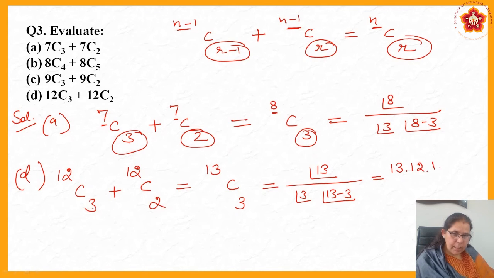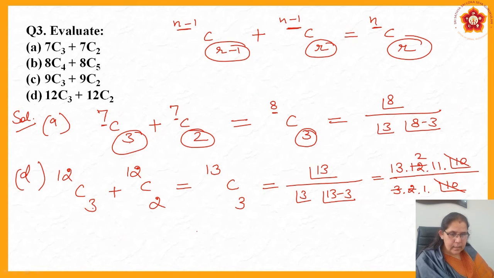Now factorial 13 can be written as 13 into 12 into 11 into factorial 10. And what about here? Factorial 3 can be written as 3 into 2 into 1. And here we get factorial 10. So factorial 10 gets cancelled.